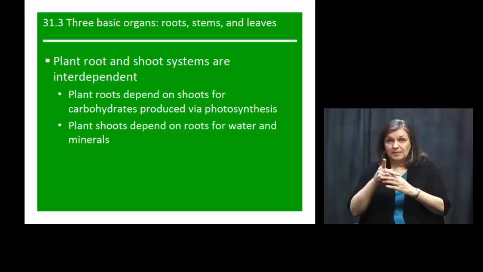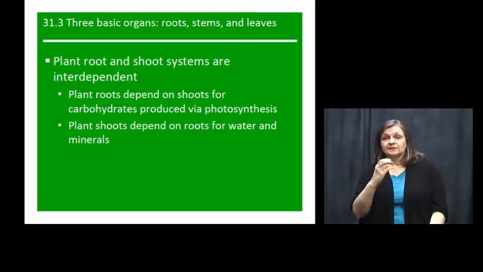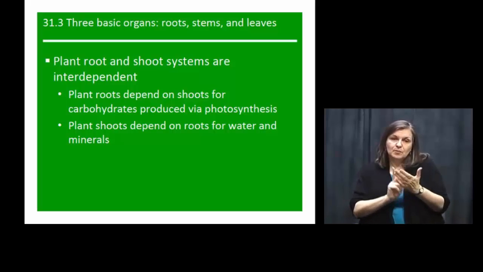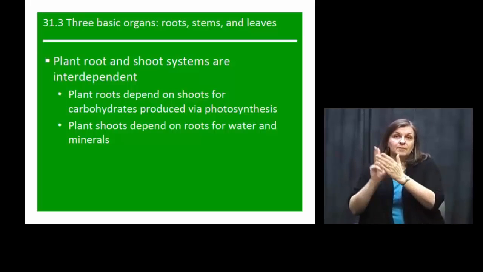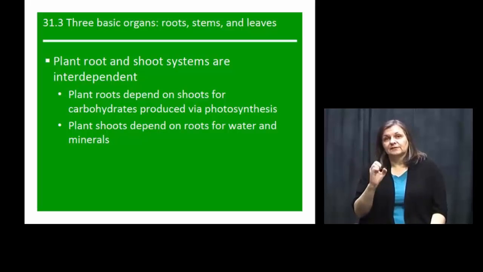When we talk about plant roots and plant shoots, we actually look at systems that are completely dependent on one another and connected to each other. So we will look at vascular tissue bringing water from the deepest roots all the way up through a single pathway to the leaves in the top of the tree or plant. So we'll look at that more when we discuss vascular tissue.